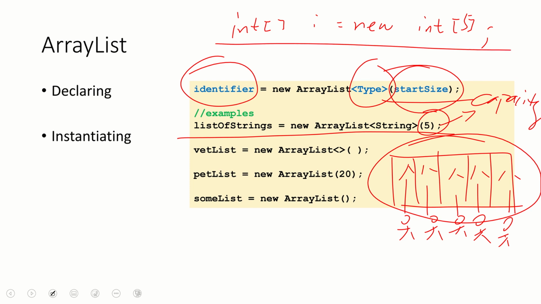But for the array, once you create 5 rooms in here, 5 people have to already be seated in there. This makes the second big difference between array and ArrayList. So here 5 only means capacity, and you can make it a number, or you can leave it as default.